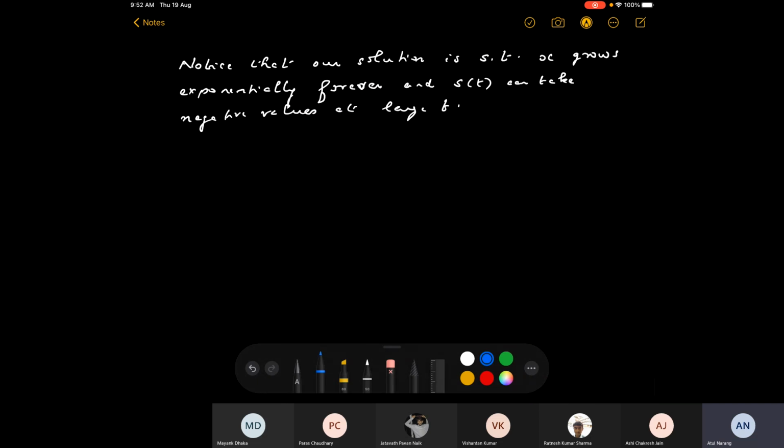So the reason is that the model is only valid when S is much bigger than Ks.